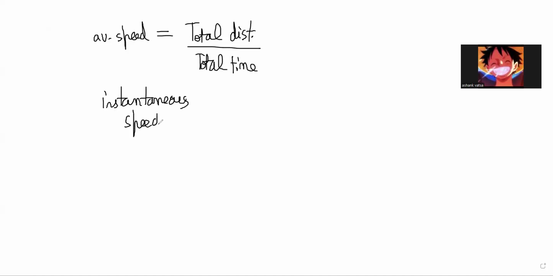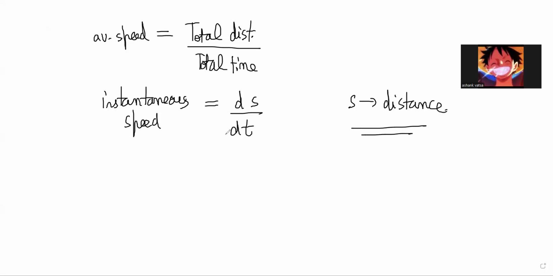Instantaneous speed would be the rate of distance being covered per unit time. S here is distance. So we are taking the calculus derivative of the distance with respect to time. That will give us the rate at which we are covering distance at a particular moment.